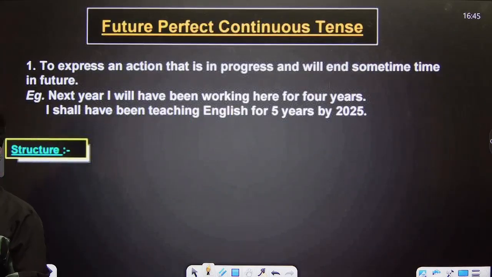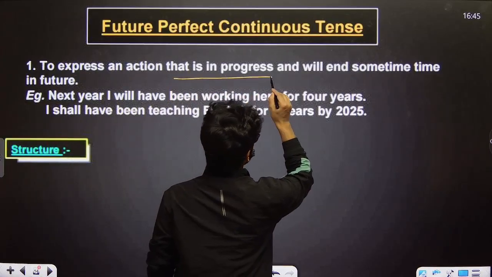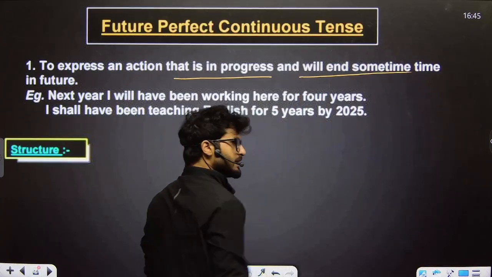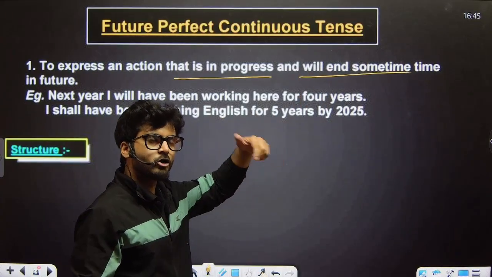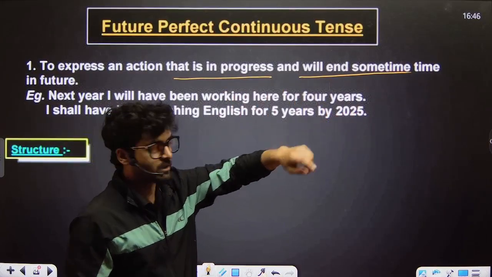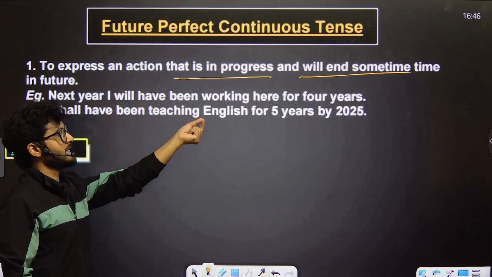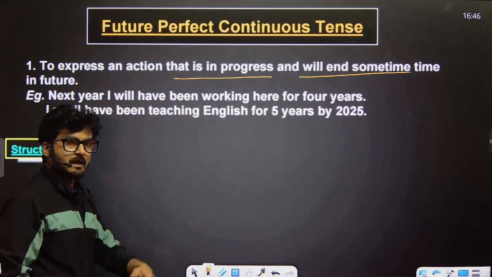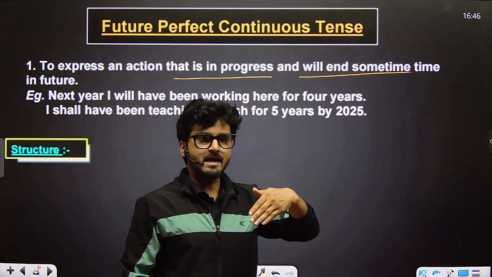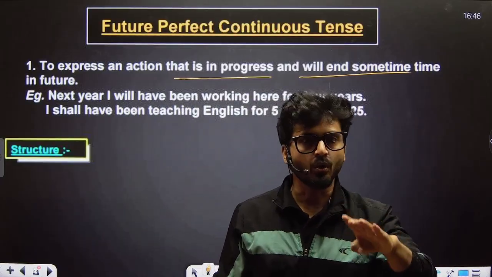Now comes the future perfect continuous tense. Here the action is in progress and will end sometime, but the time will also be in the future. Next year I will have been working here for 4 years. अगले साल मैं यहां पर 4 सालों तक काम कर चुका होऊंगा.